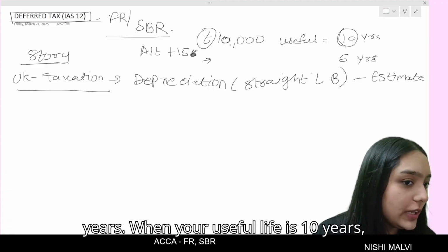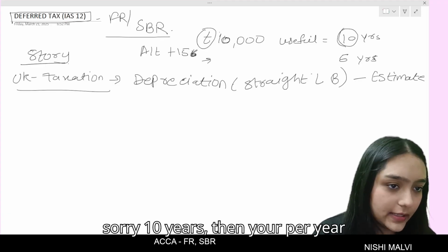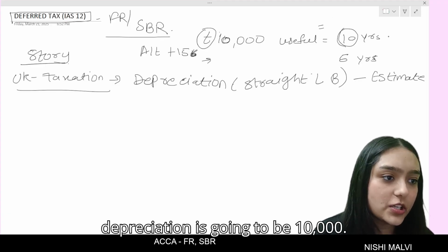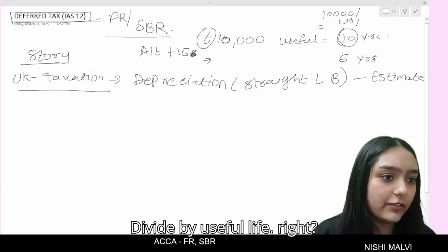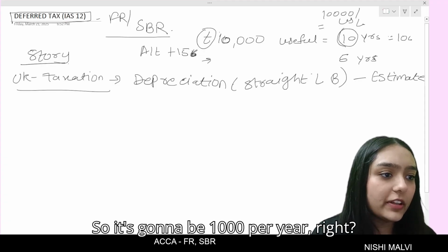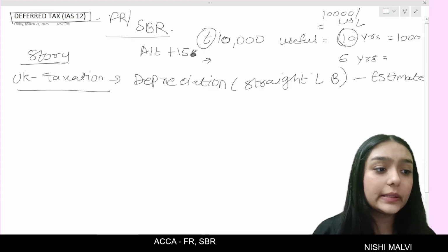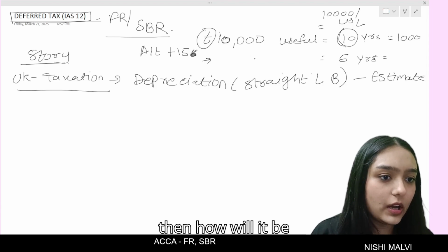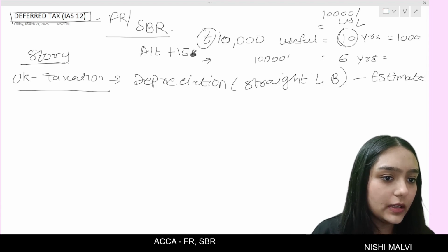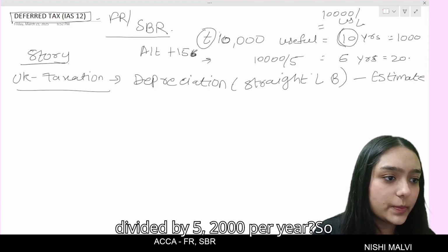When your useful life is 10 years, your per year depreciation is 10,000 divided by useful life, so it's 1,000 per year. If it's decreased to 5 years, divide by 5, it's 2,000 per year.